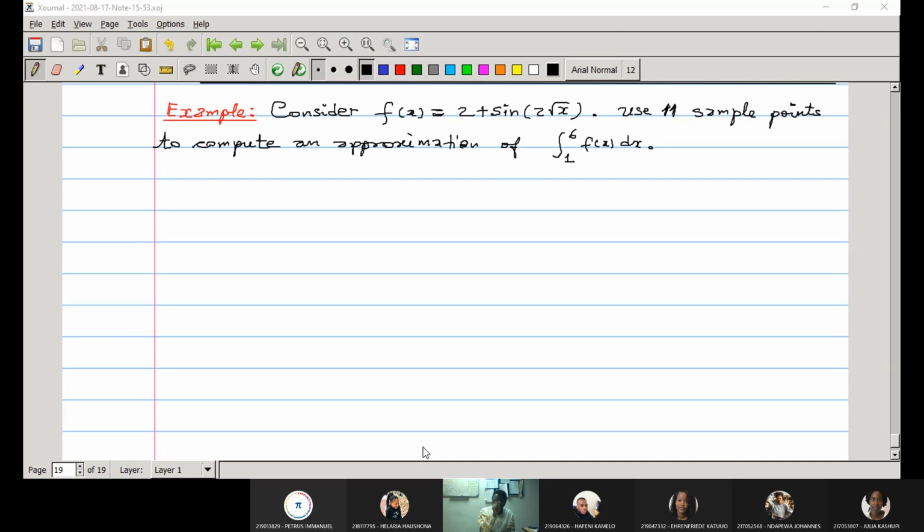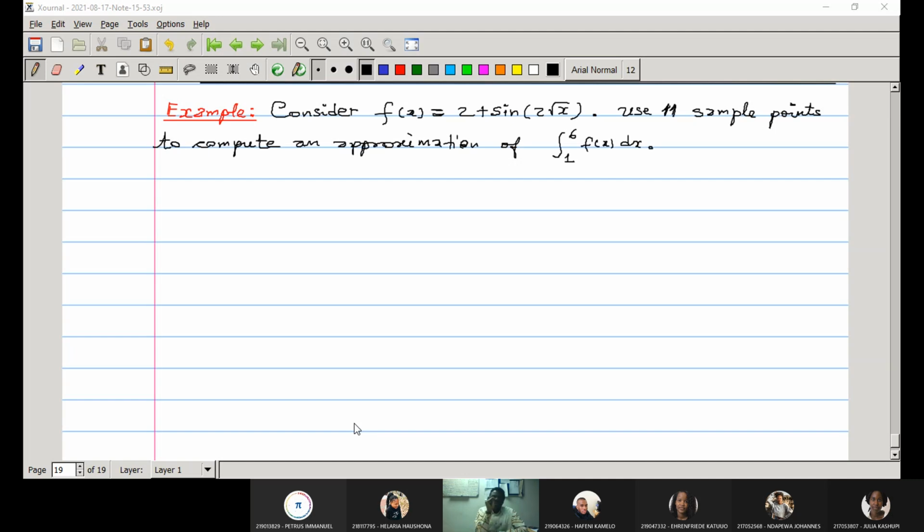The number of subintervals is the number of sample points minus 1. If I have 2 points, I have 1 subinterval. So there's no contradiction here.